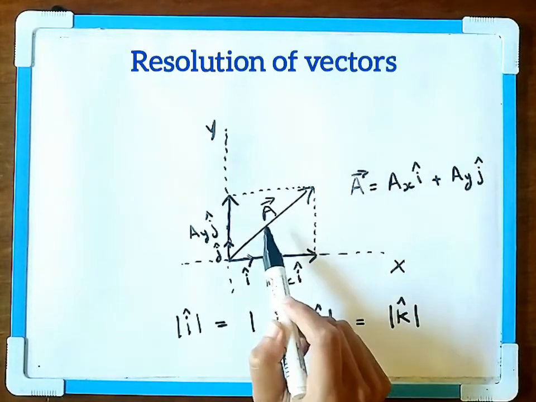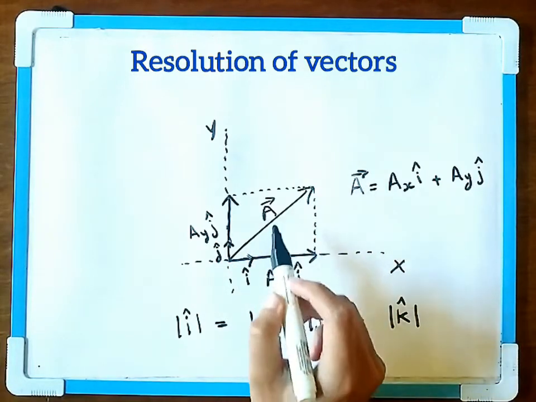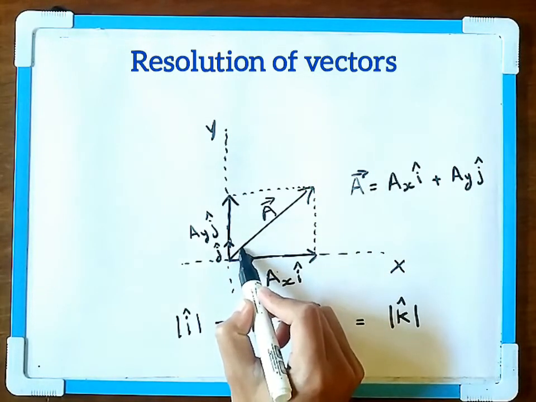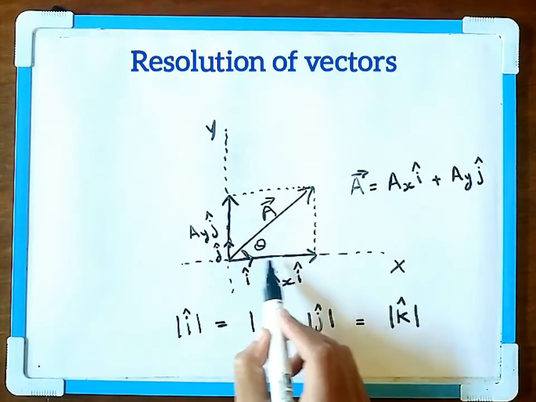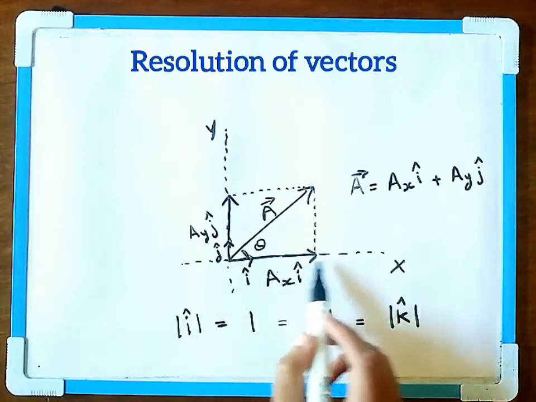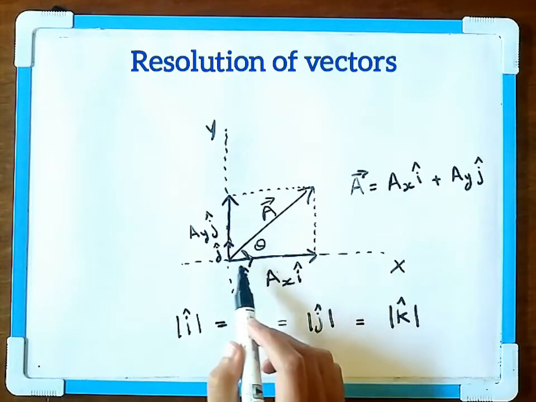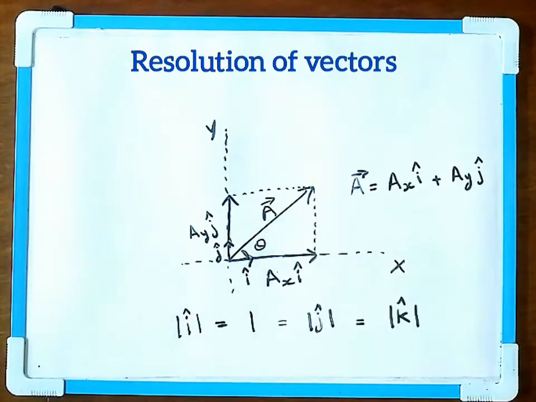So here this vector a is in this direction, and let us say this vector a makes an angle, remember this angle theta, with the horizontal direction, that is with the x direction, or this i cap. So this theta, remember, is the angle a vector makes with the horizontal direction, in this case the x axis.